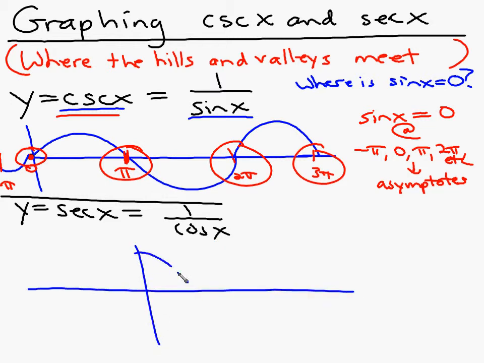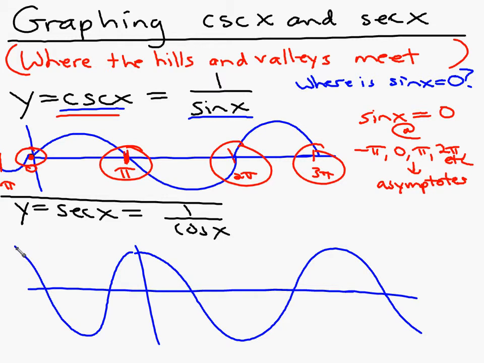It does this, and it would keep going to the left. And we know that it has zeros. Here's one at negative pi halves. Here's one at positive pi halves. Then 3 pi halves, 5 pi halves. I could come over here to negative 3 pi halves.